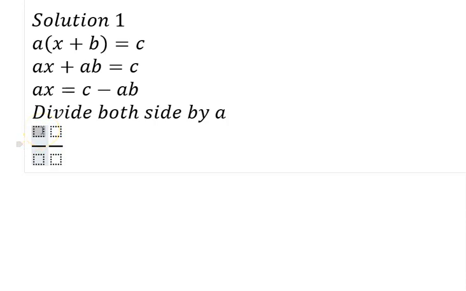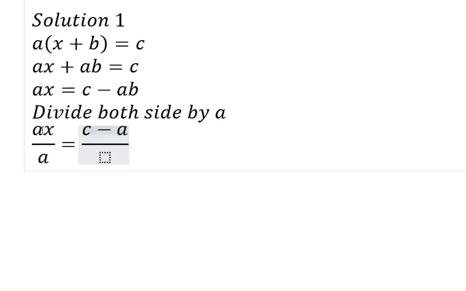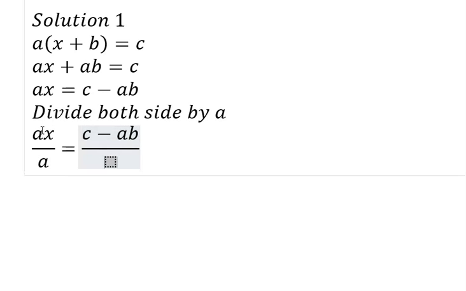So here we have our ax. We're actually dividing by a. We have our equality sign here, and here we have our c minus ab, and we are dividing by what? By a. Our aim is for our subject formula to stand alone.